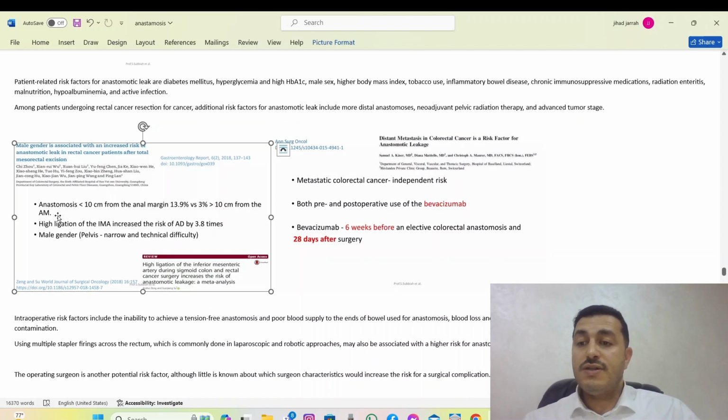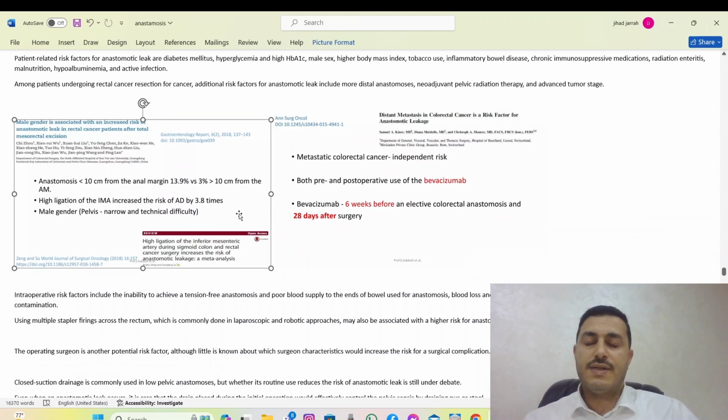This is a nice picture that says anastomosis less than 10 centimeters from the anal margin has a higher risk of leak when compared to anastomosis more than 10 centimeters from the anal margin. So the more distal the anastomosis, the higher the risk.